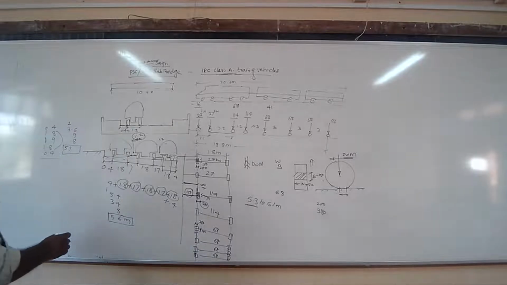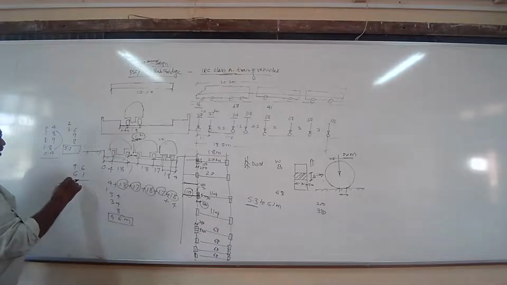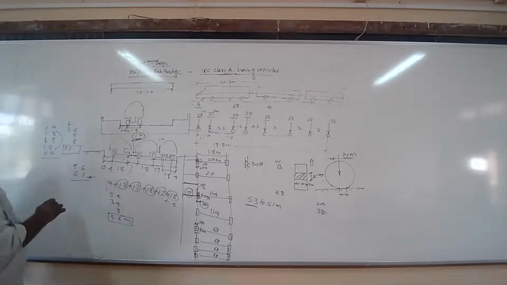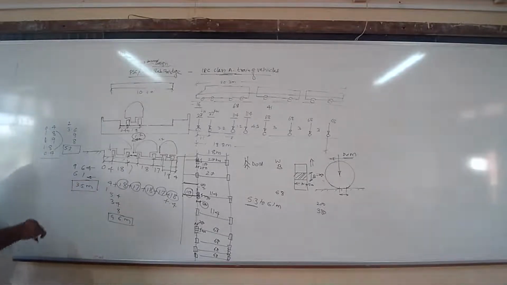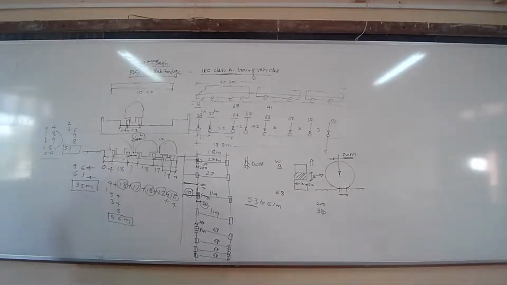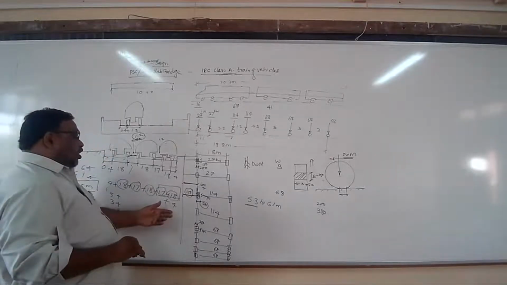What is the difference? We will see. 9.6 minus 6.1. ये था हमारा 2 लेन के लिए, ये है 3 लेन के लिए, so the difference is 3.5 meter. It means that for every lane increase, the carriageway width is to be increased by 3.5 meters. क्योंकि ये 1.7 और 1.8 इतना बढ़ रहा है, the rest is all same.